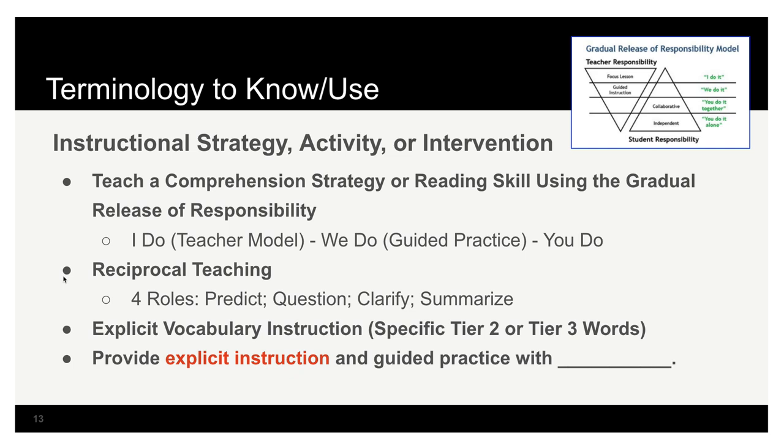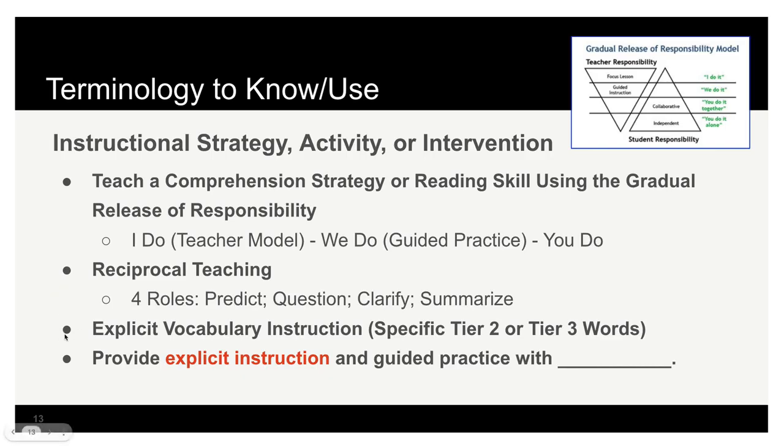Another activity or strategy you might use to teach something is reciprocal teaching. That has a strong evidence base, and that's where there are 4 roles that a small group of children might take. One is going to make predictions, one's going to question, one's going to clarify, and one's going to summarize. And that really invites children to be able to use and apply comprehension strategies in a small group setting.